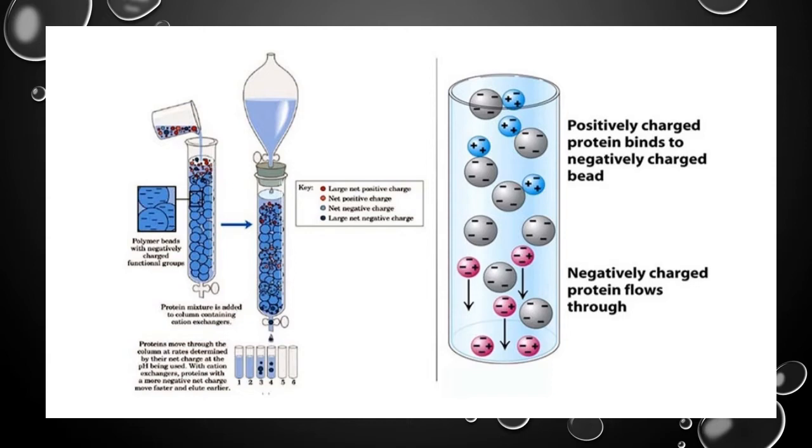The second one is the anion exchanger, which has a positively charged group and will attract negatively charged anions. So these charged biomolecules are separated according to their charges.